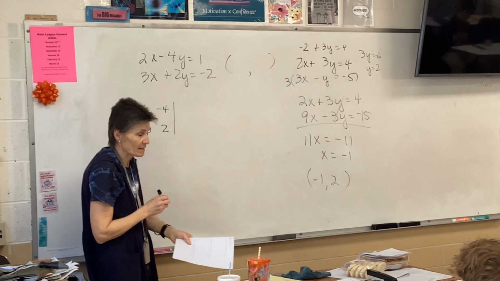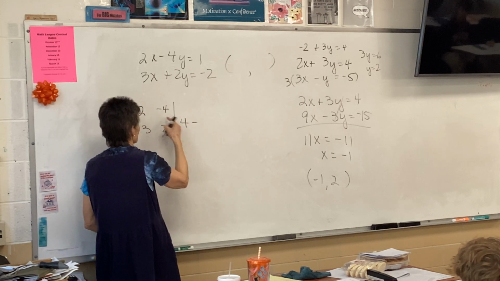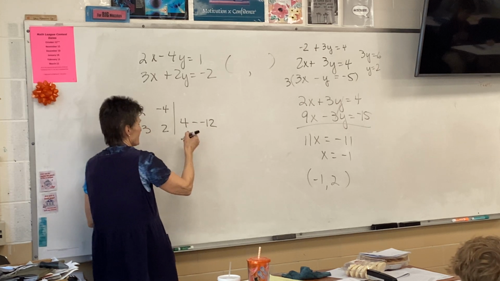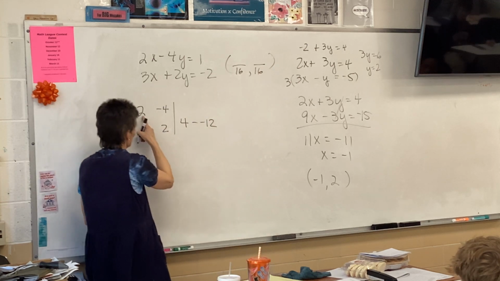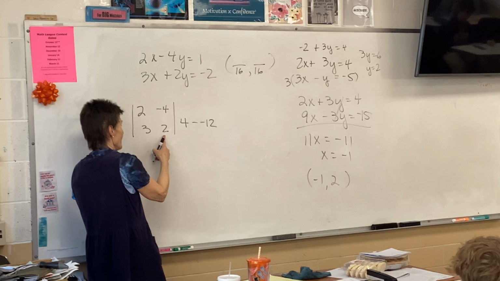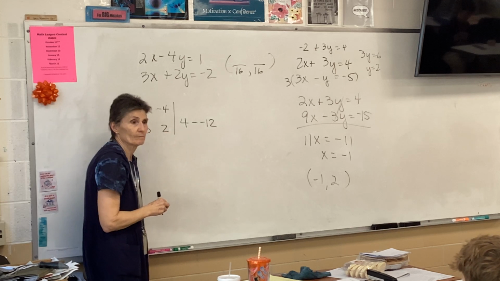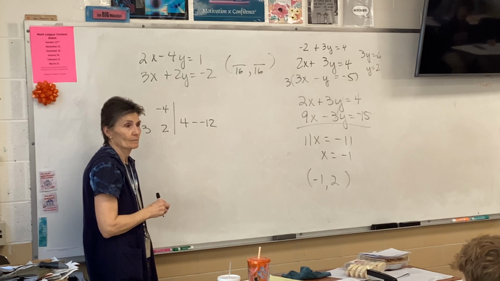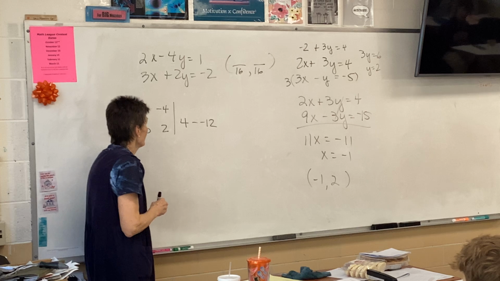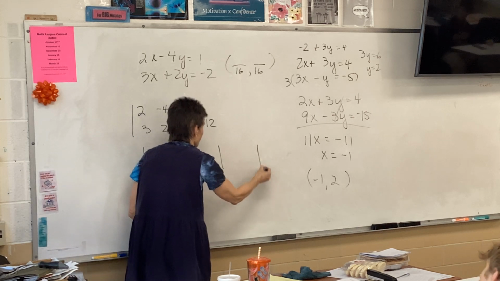What's the value of that determinant? 4 minus negative 12, you get 16. 4 minus, always minus, negative 12. Right? All right, now let's solve for x and y.